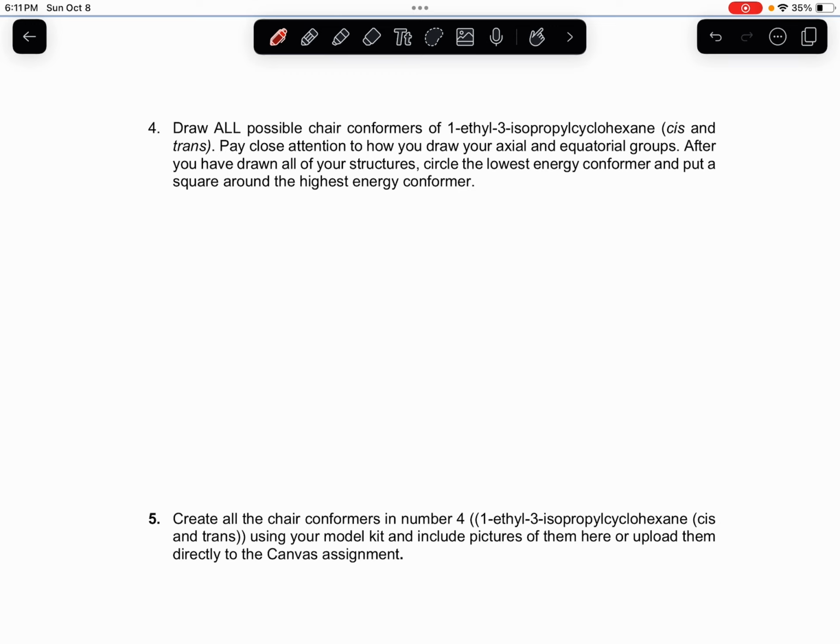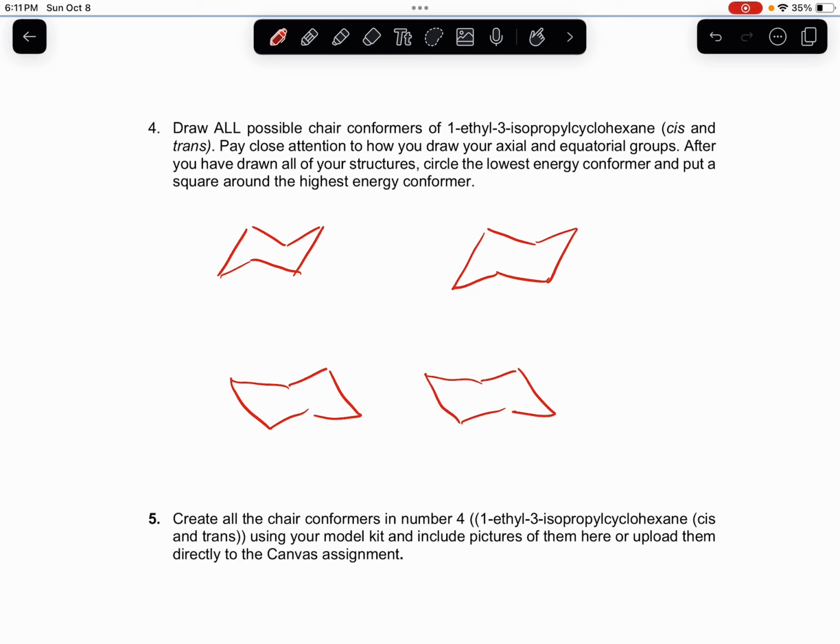So for this one, so 2 of those, and then two of those. So 1,3 ethyl isopropyl. So that's both axial. And then I can go down here and then do a both equatorial. So ethyl up and isopropyl up.